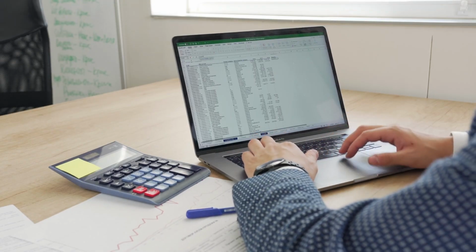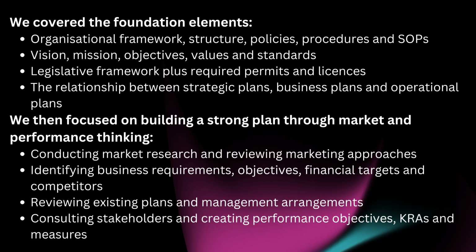To summarize Module 3, Volume 2, Section 1, establish business plan. We covered the foundation elements, organizational framework, structure, policies, procedures, and SOPs, vision, mission, objectives, values, and standards, legislative framework, plus required permits and licenses, the relationship between strategic plans, business plans, and operational plans.